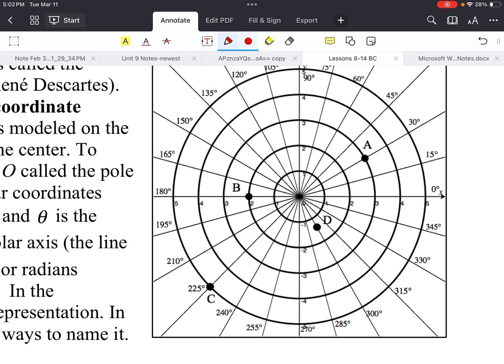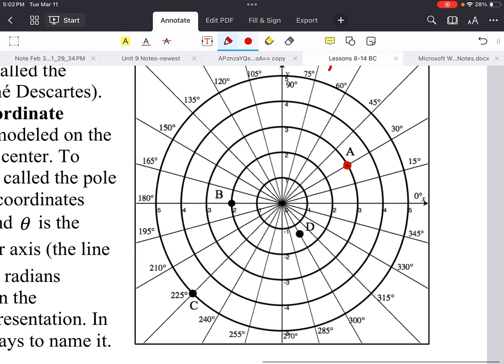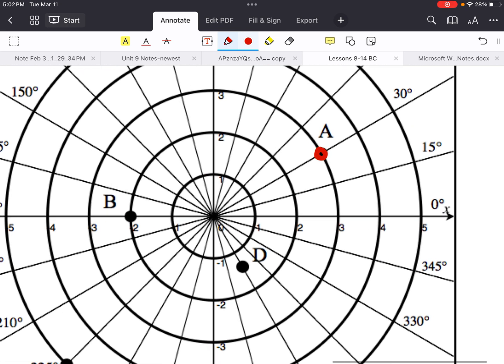So the way that I would describe this point A, it is on a circle that has a radius of 3. It's 3 units from the origin, and it is at a 30-degree angle. So I could call it 3, 30 if I wanted to use degrees, or 3, pi over 6 if I wanted to measure in radians.